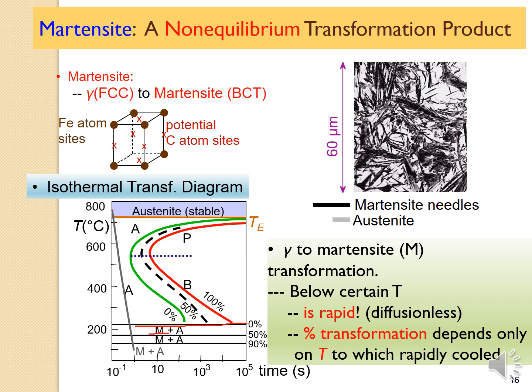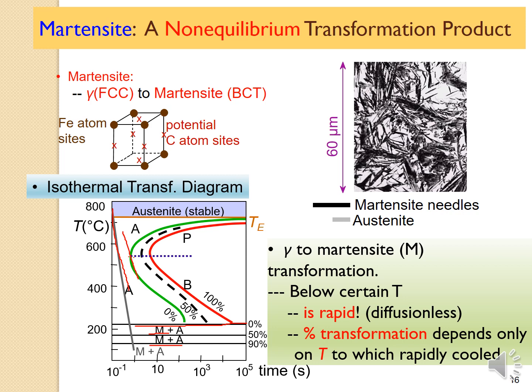And this is 50% and the 90%. If we want to have martensite, we have to cool very quickly to avoid the nose of this TTT diagram. So this is called the nose of the TTT diagram. The cooling rate should be quick enough to avoid any transformation to pearlite or bainite.